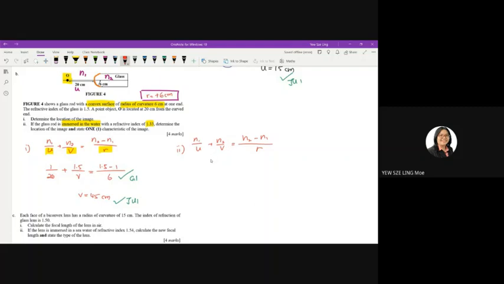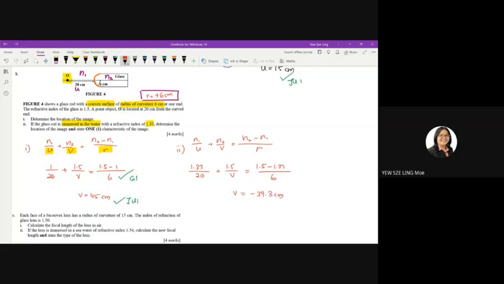Because now N1 is no longer the air, but it is the water. So N1 is now 1.33 over U, 20 cm, plus N2, oops, N2 should be the glass, which is 1.5, over V equals 1.5 minus 1.33 over 6. Rearrange the equation. Now you are going to get a negative value, which is negative 39.3 cm.